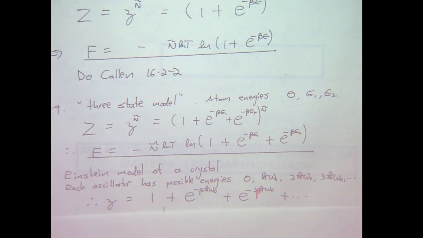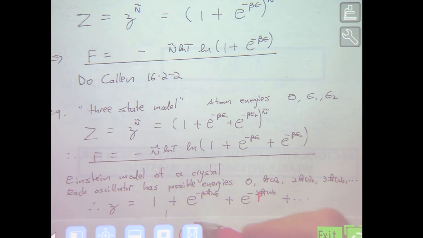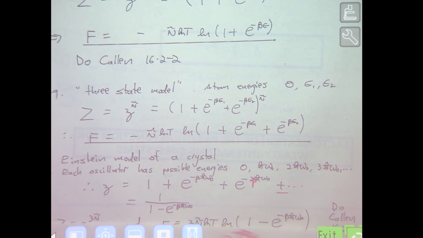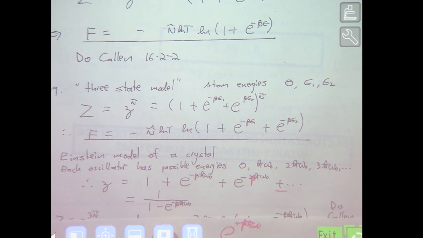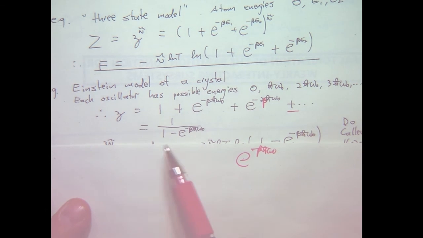There's a beta missing. But that's just a geometric series. To get from one term to the next, you multiply by e to the minus beta h bar omega naught, so you can just sum that. That's 1 over 1 minus e to the minus beta h bar omega naught.